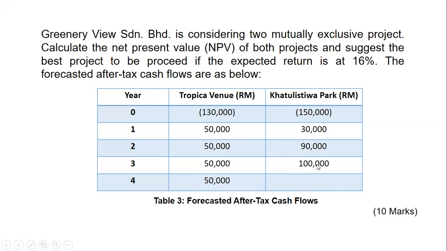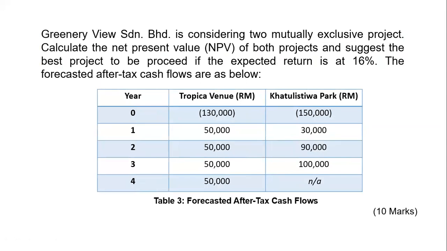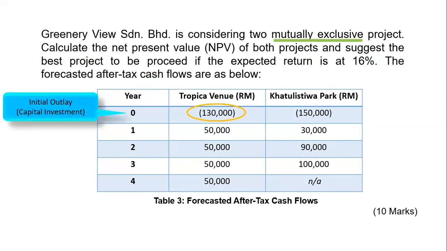So if we ignore the time value of money concept, it looks like Katulistiwa Park will have higher earnings, higher returns. However, the initial outlay, as we can see here, is also higher. So let's look at capital budgeting techniques, how they can help us solve this question with precise justification of NPV.